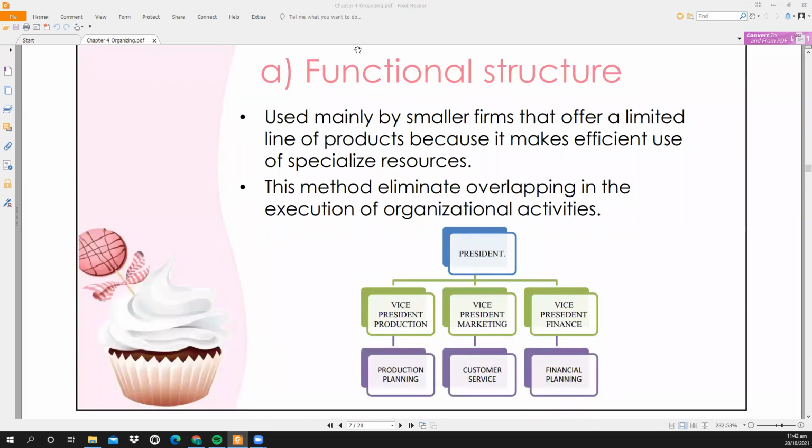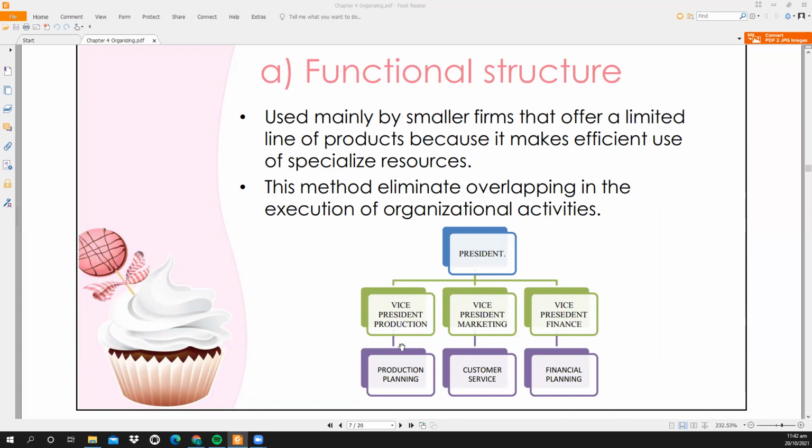Okay, so among all the departmentalization organizational structure, ito talaga yung pinaka-common, which is the functional structure. Used mainly by smaller firms that offer a limited line of products because it makes efficient use of specialized resources. This method eliminates overlapping in the execution of organizational activities.